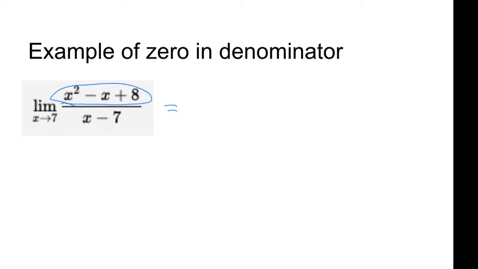But this is one I'm going to say, hey, I don't see any way to get that x minus 7 out of there. It's not going to factor out. That's really the only tool I have at this point. So I'm going to say it's undefined, but I don't really feel confident about that because maybe I'm missing something. So we might go to Desmos and graph this, which we could do.